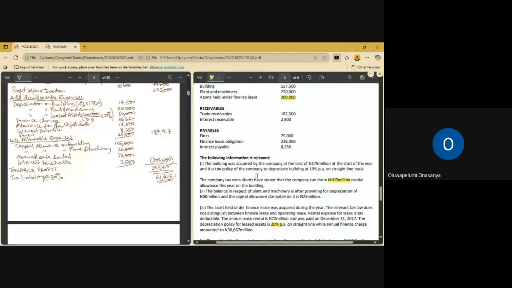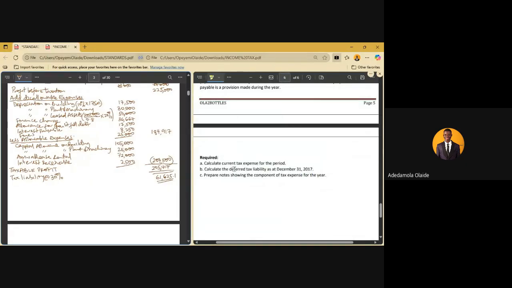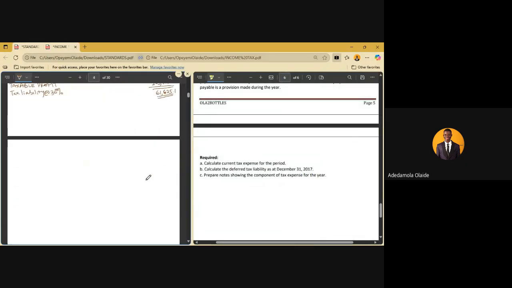Yes, sir. Okay, the next requirement is for us to calculate the deferred tax liability. So say calculation of deferred tax liability as at 31 December 2017.